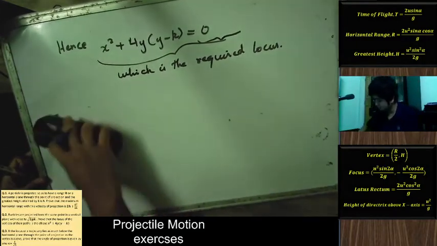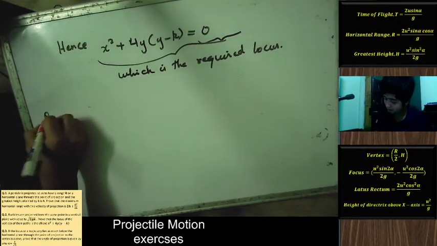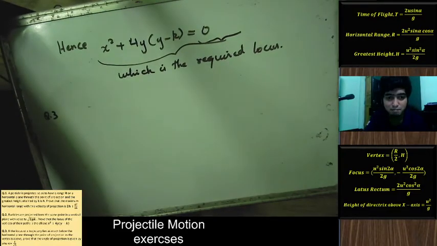Now let us take a look at question number 3. These exercises are simple compared to the ones that I will do later. But anyways, let us have a look.